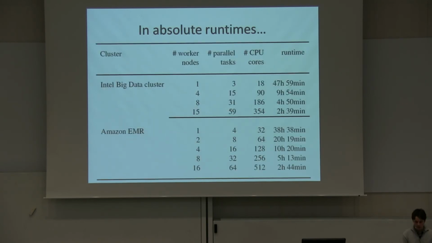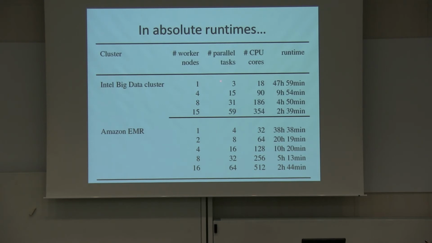So what does this mean in real numbers? For instance, on the Intel big data cluster, using a single node, we get a runtime of about 2 days, which is already a lot less than running this pipeline in parallel using only multi-threading, because then you would get 5 days.